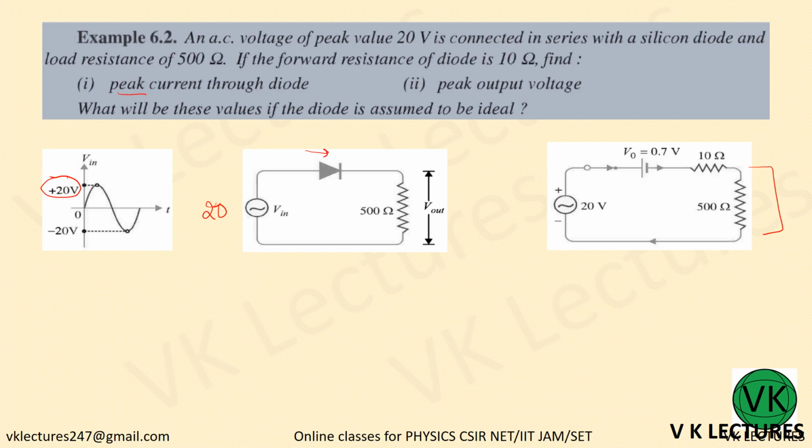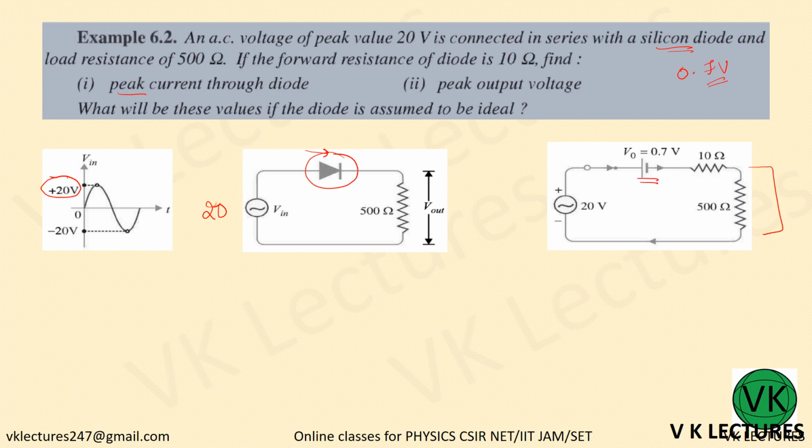First of all, what you have to do is convert this into an equivalent circuit. Use silicon diode. So internal resistance is also given, and since it is given silicon diode, you can use 0.7 volt as the barrier voltage. So barrier voltage is also there.